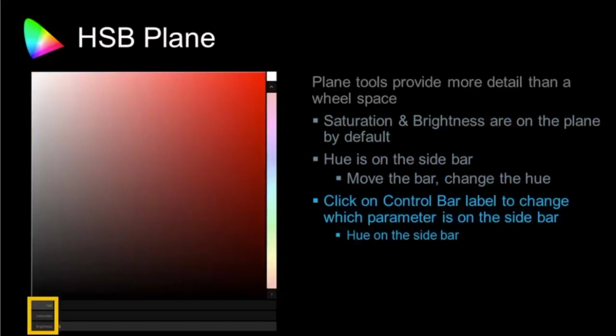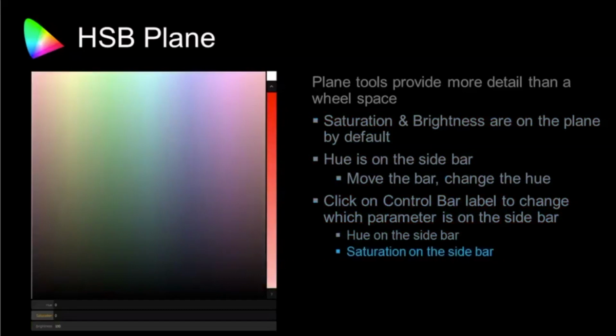I can really change that very quickly. If I click on any of these plane spaces on the title on the sidebar, it's going to change what's on my vertical axis. So for example, if I click saturation, it's going to put my hue and my brightness on my plane and my saturation vertically. So you can see that with red from no saturation to full saturation.